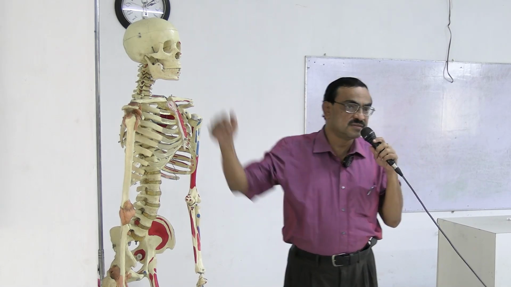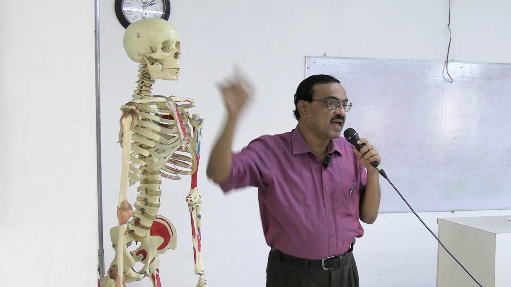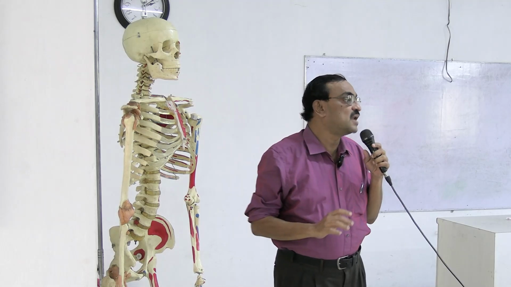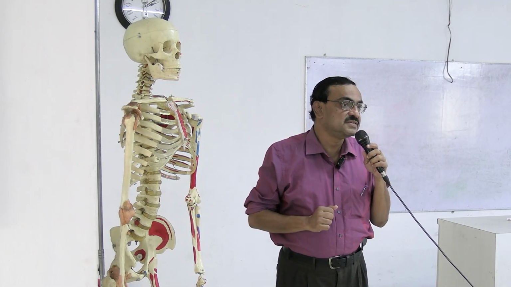And what are the things that are traversed by this axilla or cervico-axillary canal? Some neurovascular structures, that means the nerves and blood vessels.